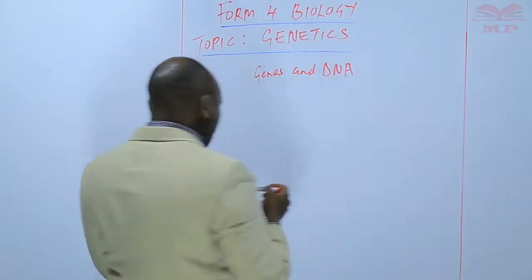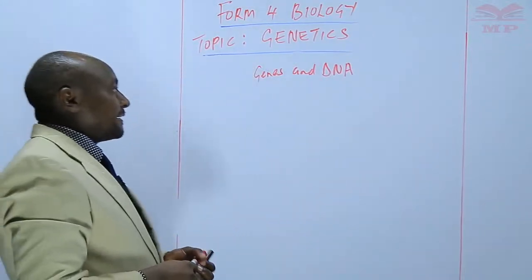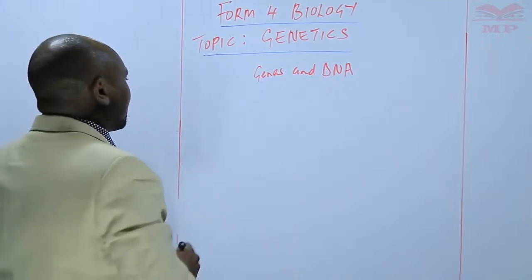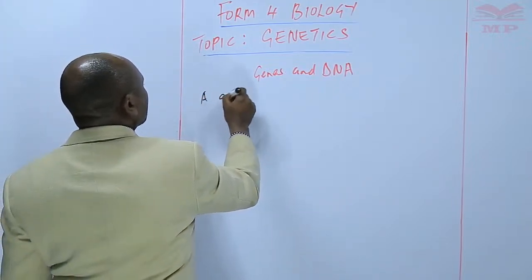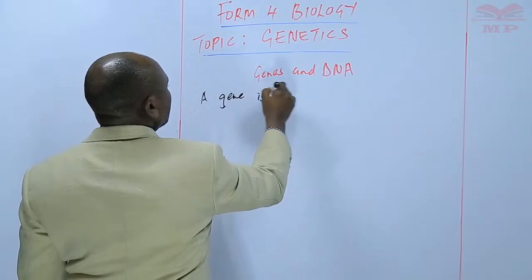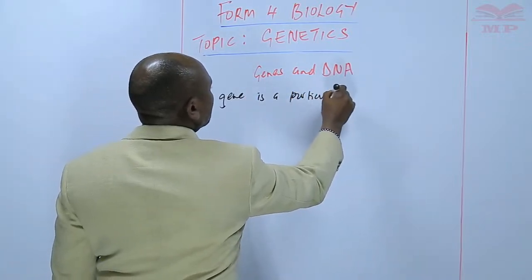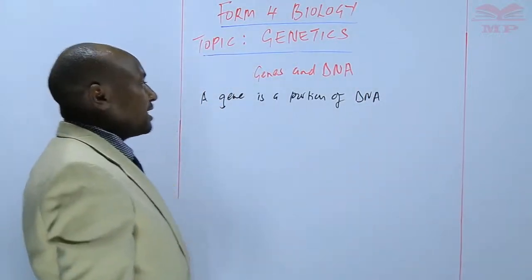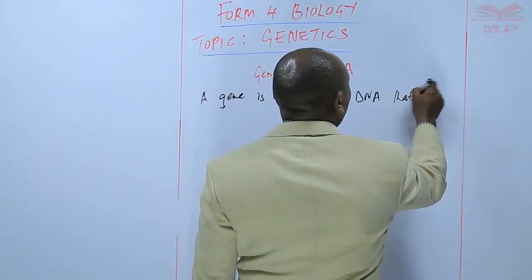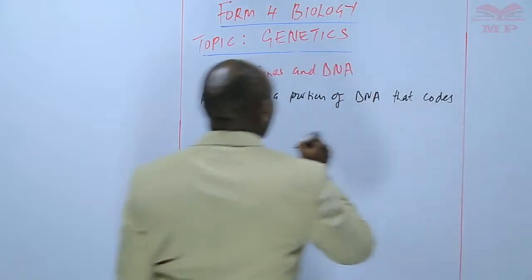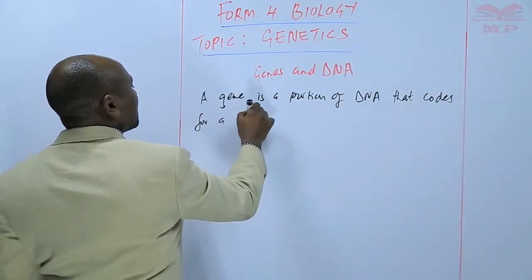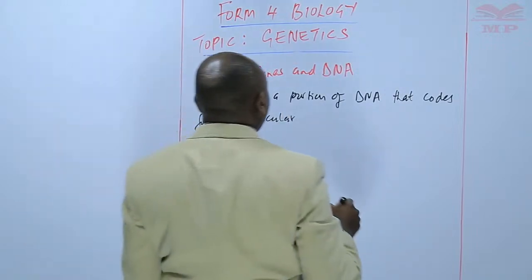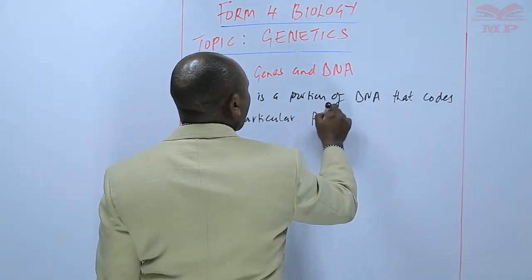So we want to find out what is the relationship between genes and DNA. We can start by saying that a gene is a portion of DNA that codes for a particular protein.